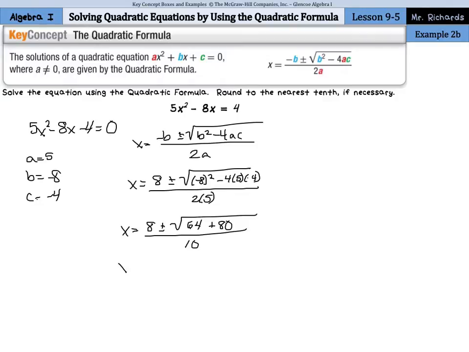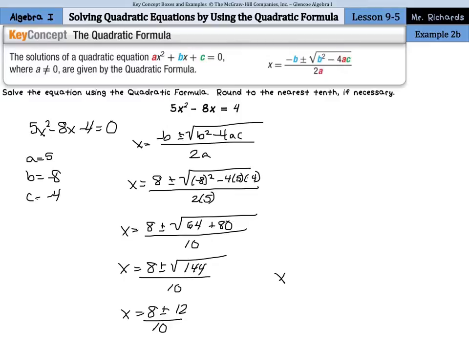Well, now we have x equals 8 plus or minus the square root of 144 divided by 10. And now the square root of 144 is actually just 12. So I'll have x equals 8 plus or minus 12 divided by 10.